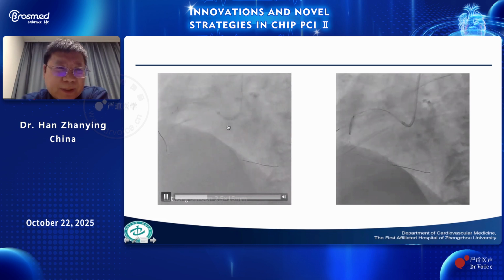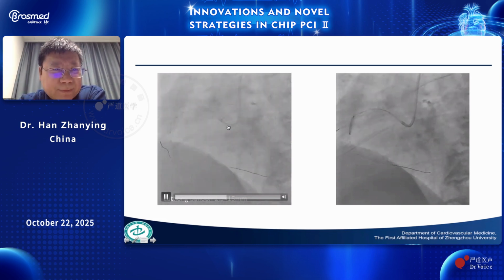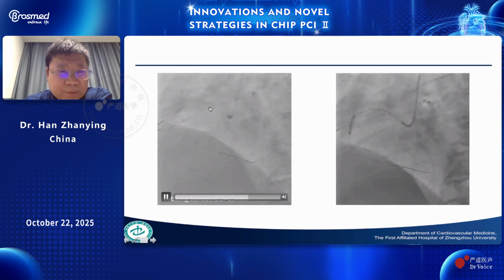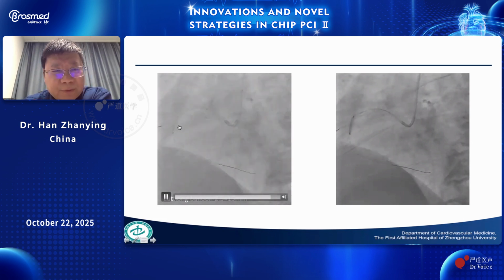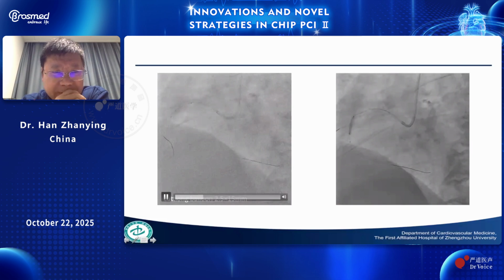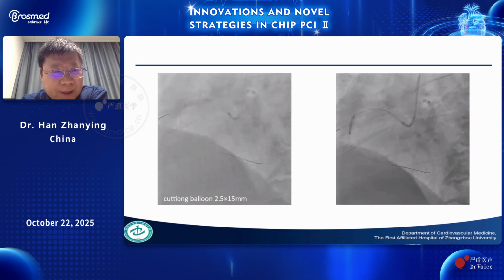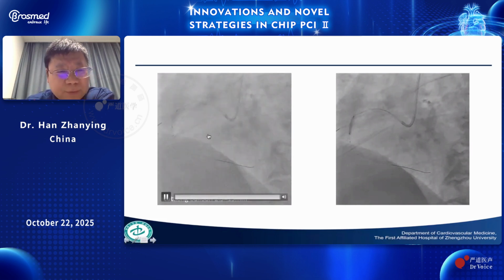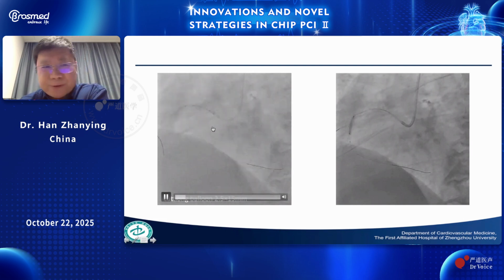Then we chose the cutting balloon. This one is the Reno 8 cutting balloon, the new generation novel cutting balloon, whose characteristics have been introduced to us by Professor Galli.